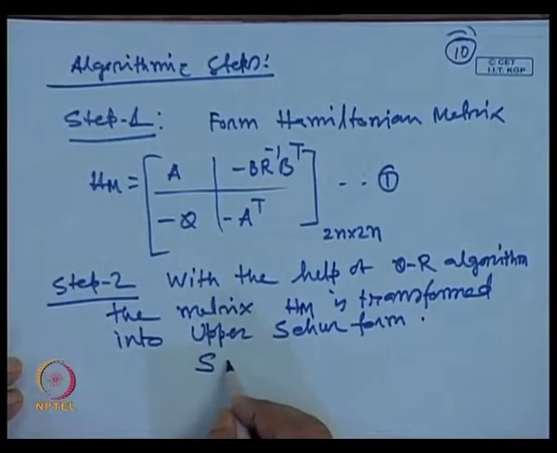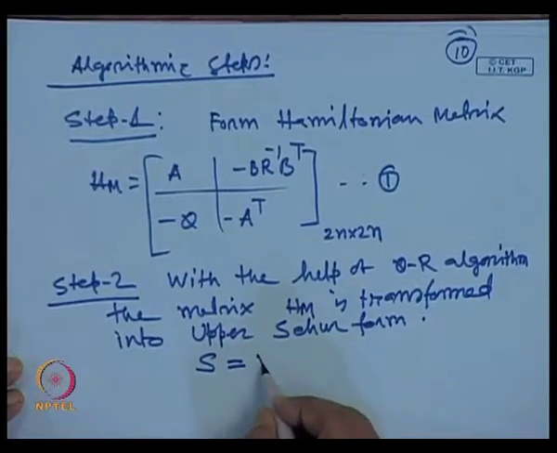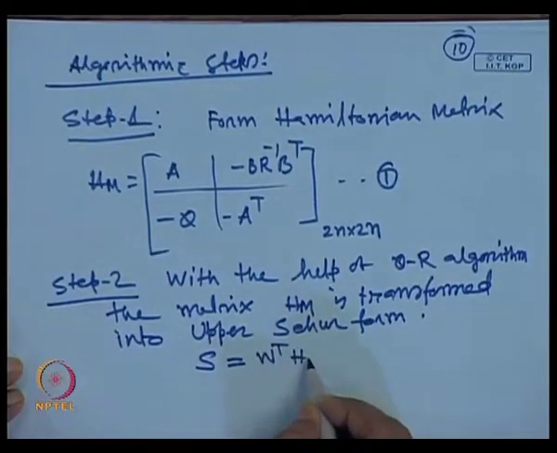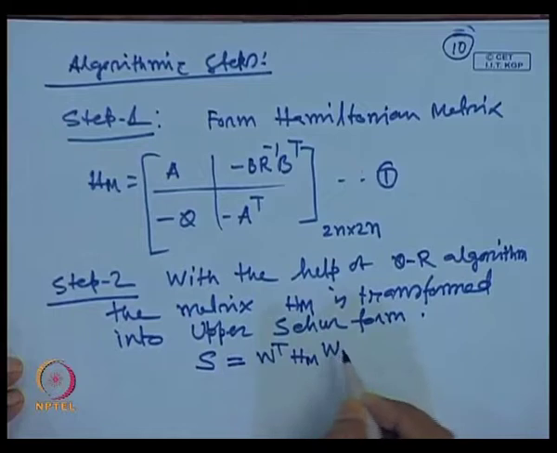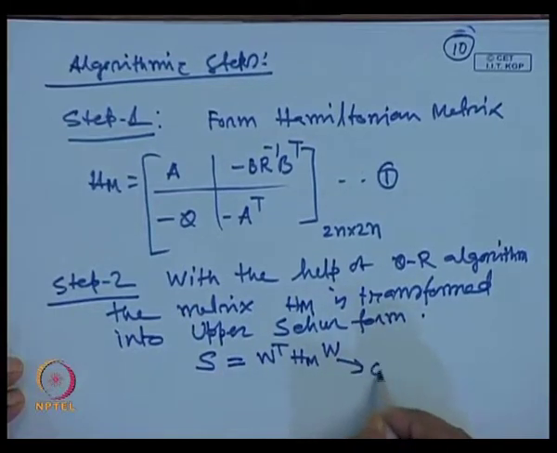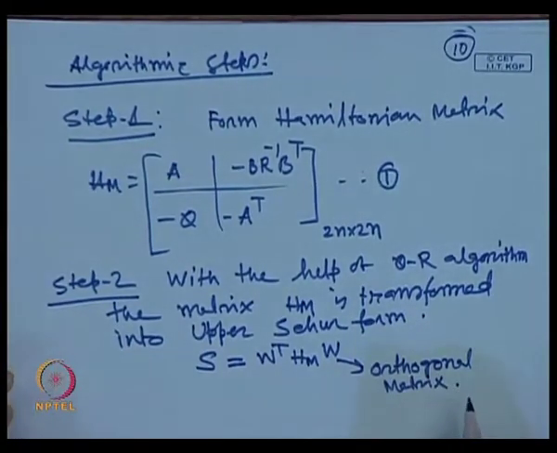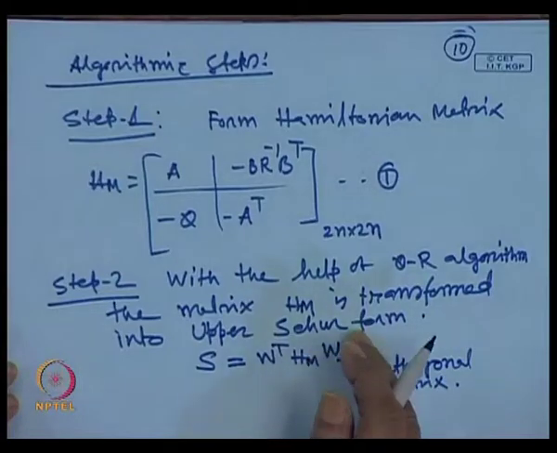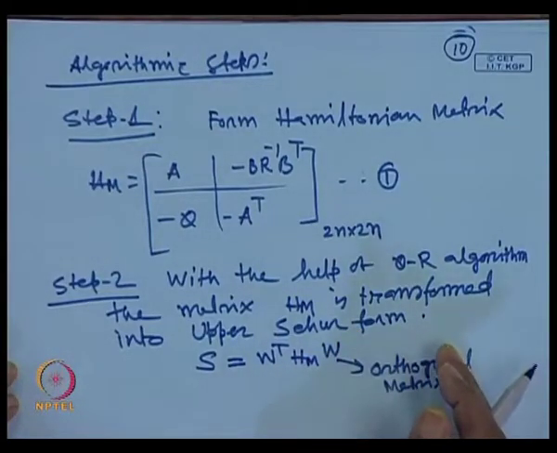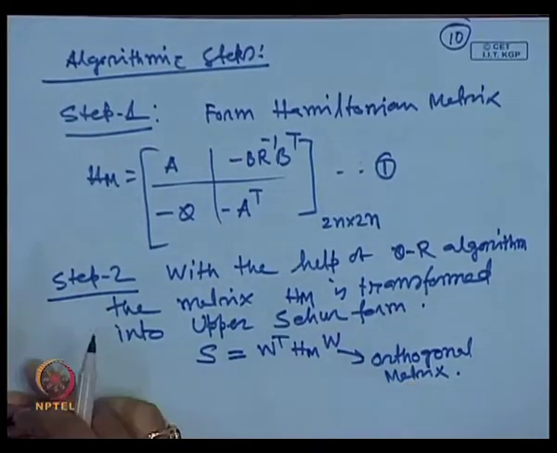The structure is S equal to W transpose H m W, and W is an orthogonal matrix. Orthogonal matrix means the inverse of this matrix is nothing but the transpose of the same matrix, so W transpose W is equal to the identity matrix.